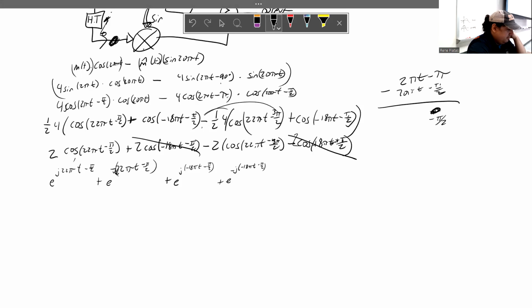That works. Get rid of those. And then this one, minus 2 cosine 22 pi t minus 2.